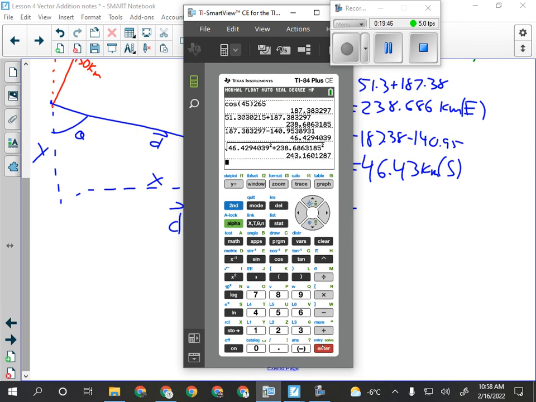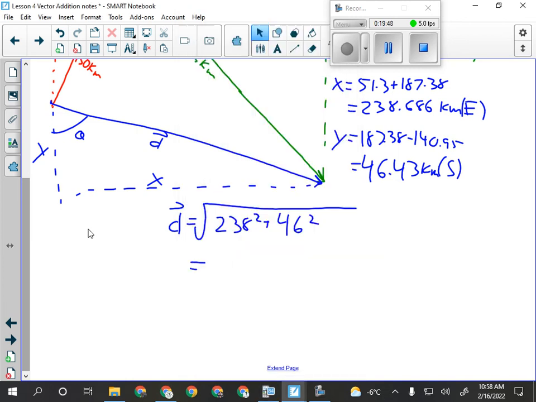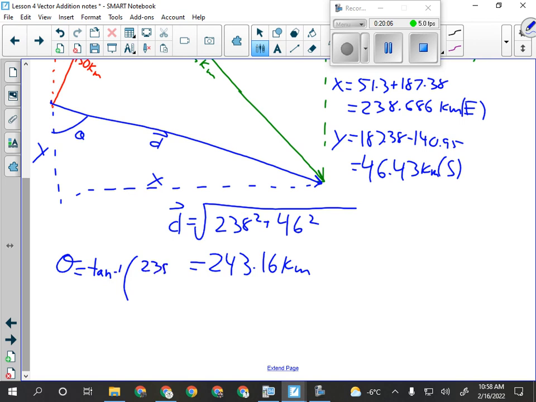So 243.16 kilometers is how big D is. I'm gonna find theta, okay? Theta is gonna be tan to the minus 1 of x, because it's opposite my angle, over y, which is adjacent. So that'll be our 238 divided by 46, which is gonna give me like 89 degrees.